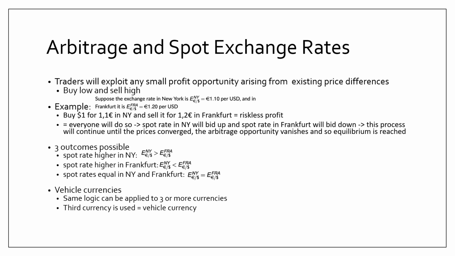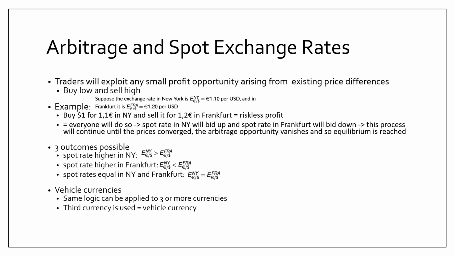In general, one of three outcomes can occur in the forex market: the spot rate is higher in New York, the spot rate is higher in Frankfurt, or the spot rates are equal in New York and Frankfurt. No arbitrage condition for spot rate is the equality.